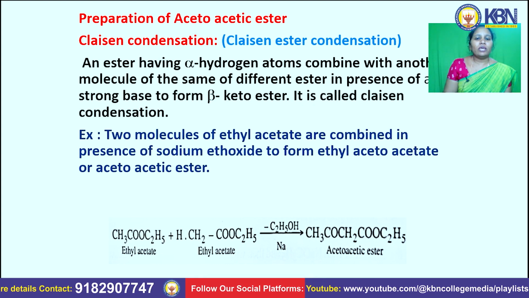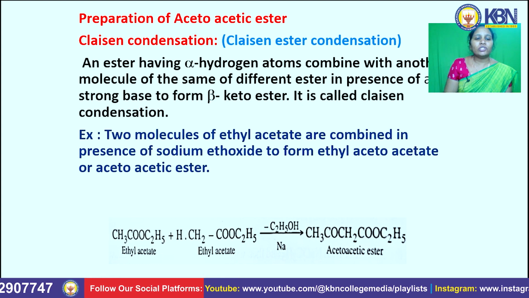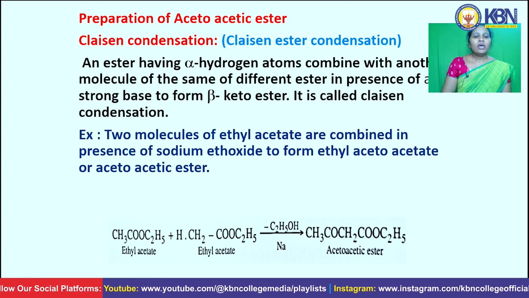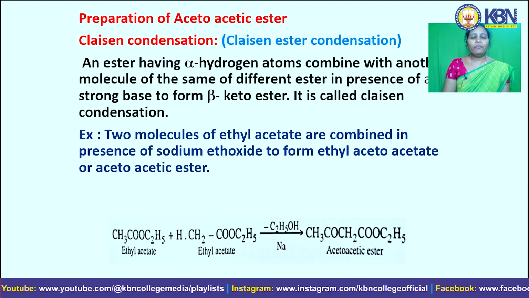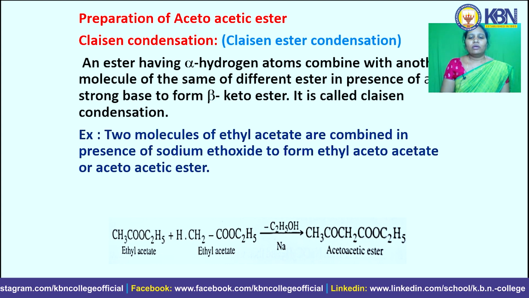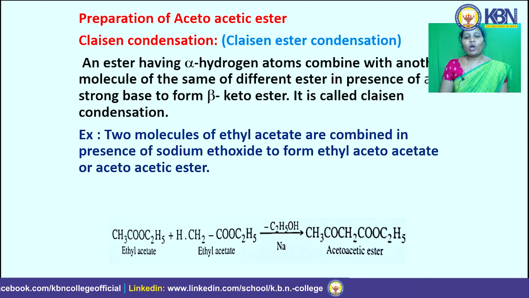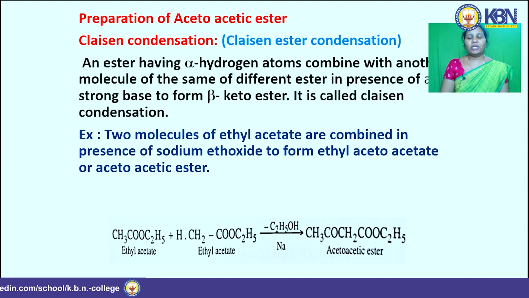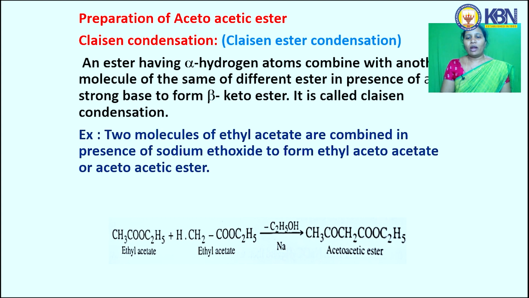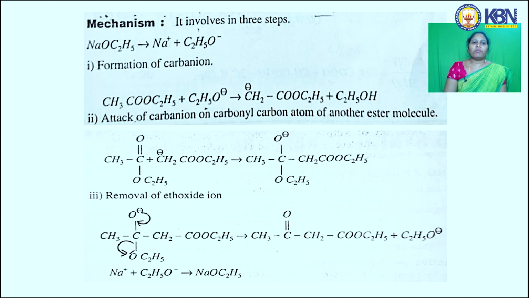The formula of ethyl acetate is CH3COOC2H5, and it reacts with another molecule of ethyl acetate in the presence of strong base and alcohol. Here the strong base and alcohol together react and form sodium ethoxide. In the presence of this sodium ethoxide, the two ester molecules undergo condensation and result in the formation of acetoacetic ester. Let us discuss the mechanism.